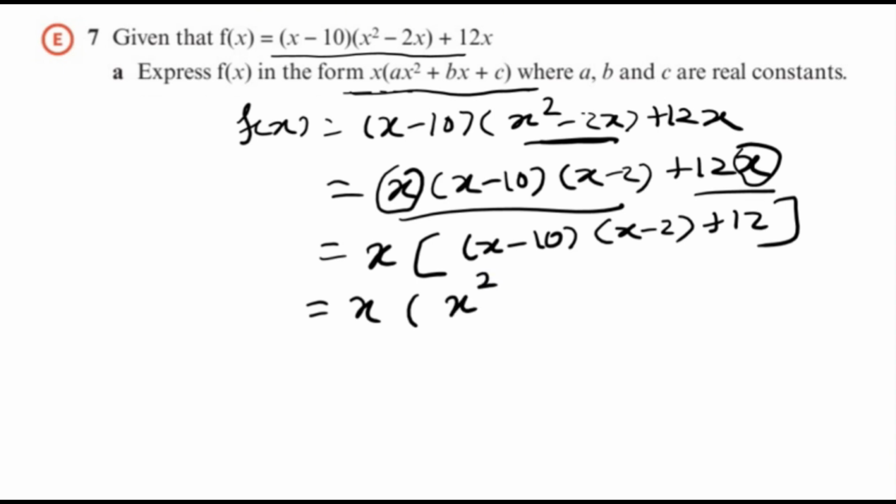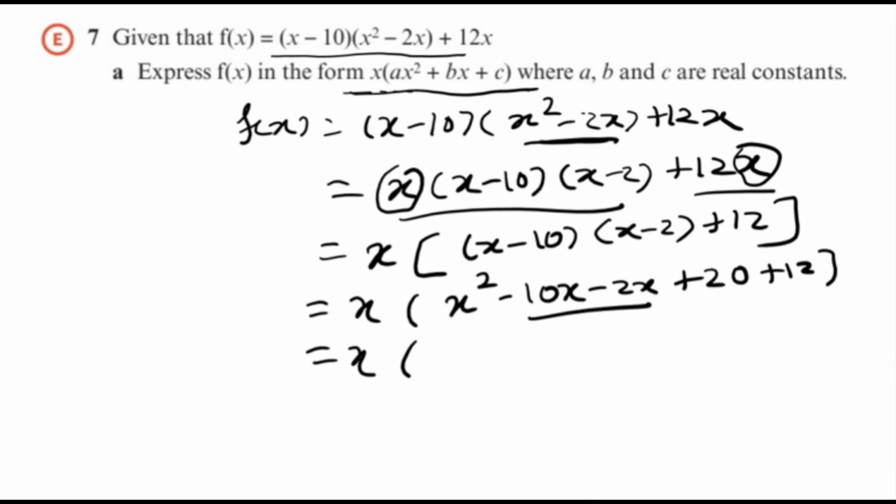That will give us x squared minus 10x minus 2x plus 20 plus 12. Further simplification, because these are like terms and these also like terms. So x squared minus 12x plus 20 plus 12 will give us 32, right? So this is our required form. You can say it's the ax squared plus bx plus c form, right?